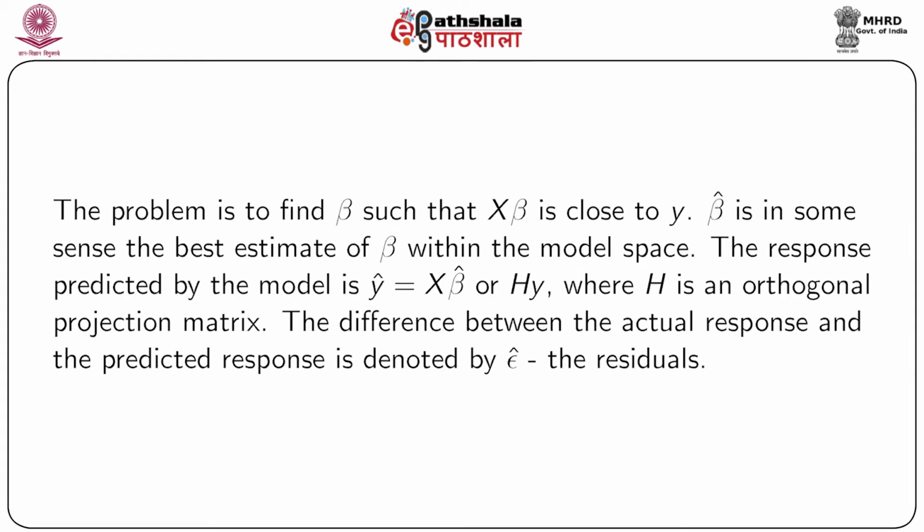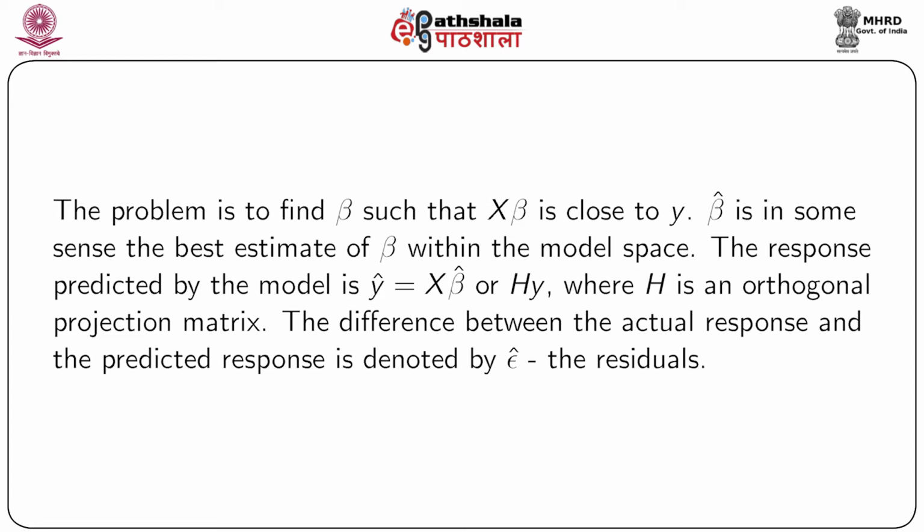And the problem here is to find beta such that x beta is as close to y as possible. Or in other words, x beta, which represents the estimated values of y, is as close to the observed values of y as possible. Now if we represent the estimates of the coefficients of regression by beta hat, then beta hat is in some sense the best estimate of beta within the model space.